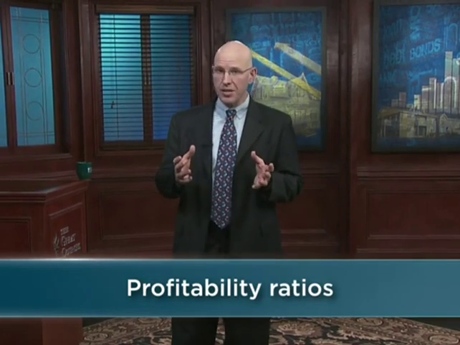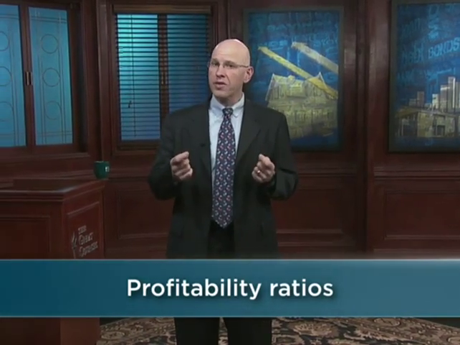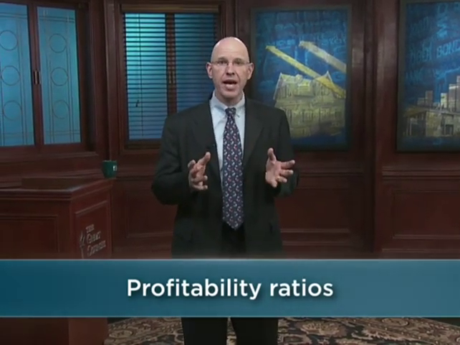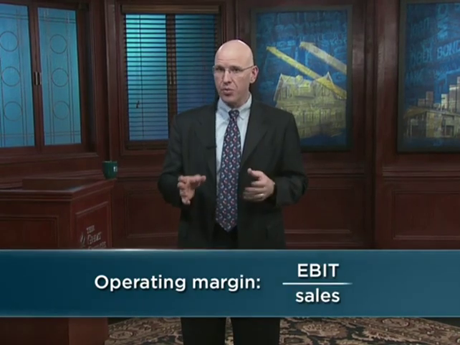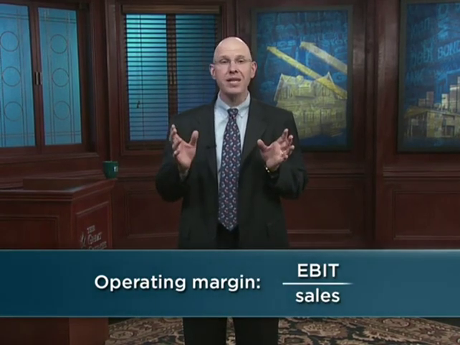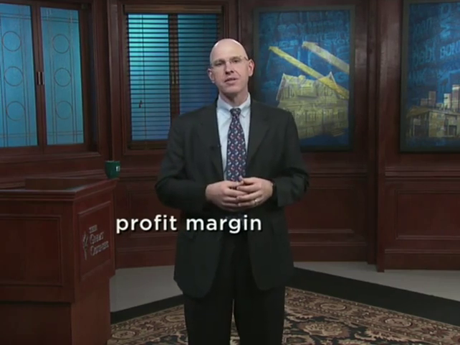The next category of ratios is the profitability ratios. One of the profitability ratios that most investors look at is the operating margin, which is defined as EBIT divided by sales. You may remember that we also call EBIT operating income, which is the connection to operating margin. This ratio simply tells us what fraction of each dollar of sales goes to operating income, so it's clear that this is a profit margin.